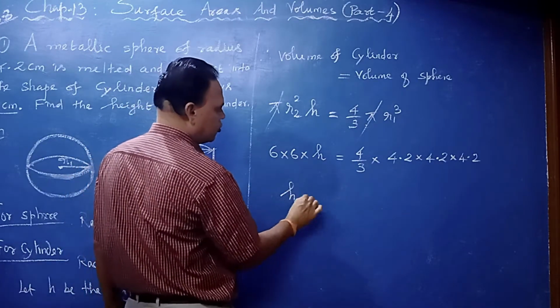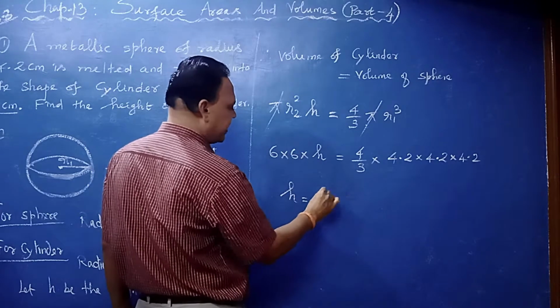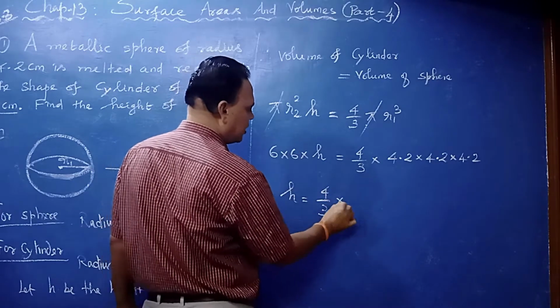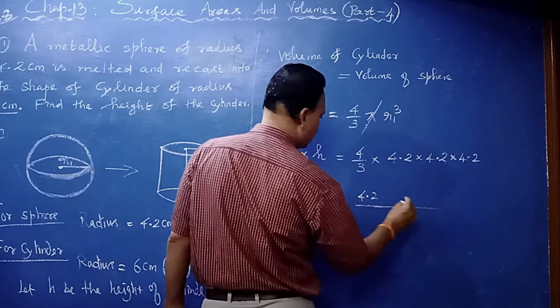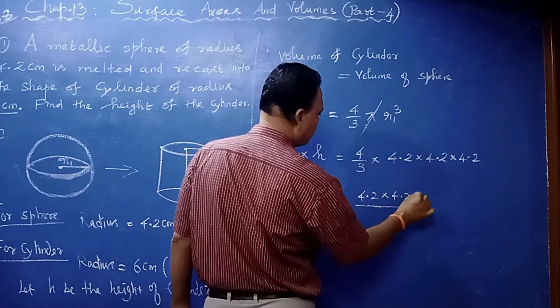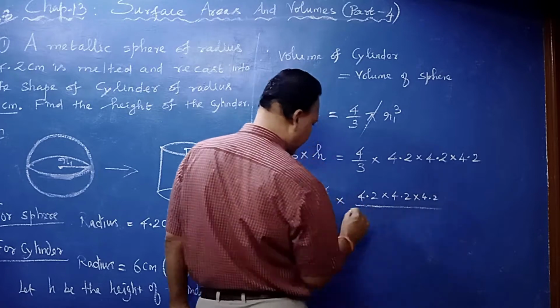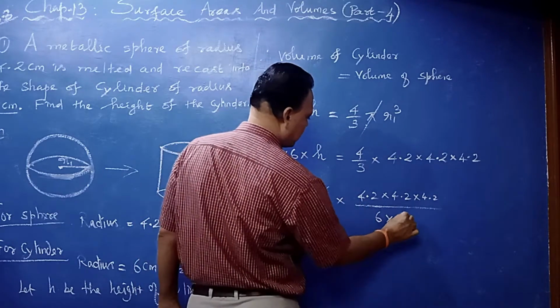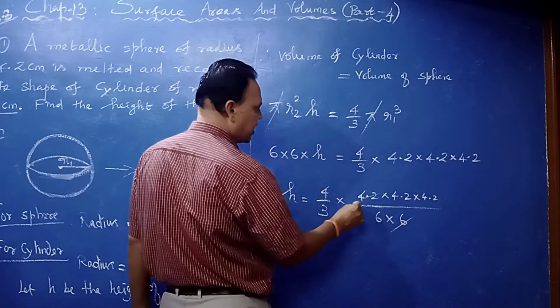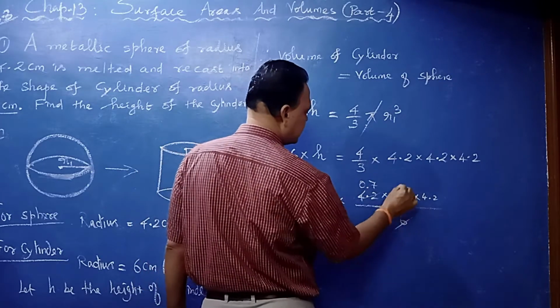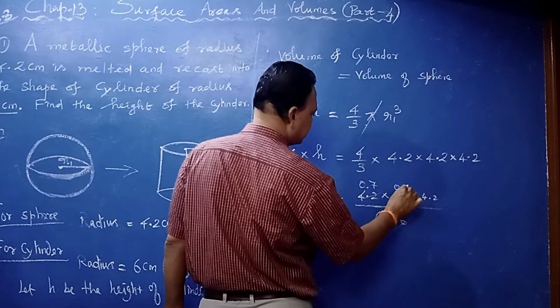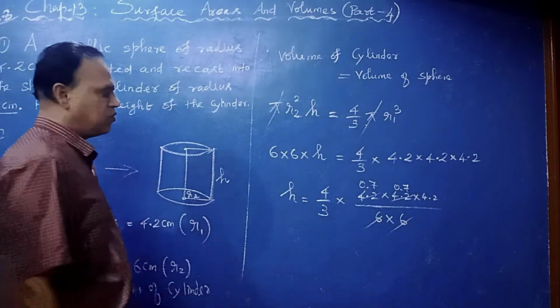Now H is equal to, divide by 6 into 6 on that side, that means 4 into 4.2 into 4.2 into 4.2 by 3 into 6 into 6. Now cut this 6, 0.7. Here also cut it, 0.7. Correctly you have to simplify.